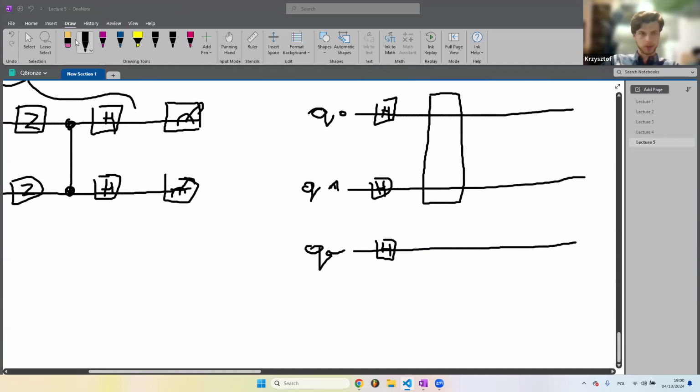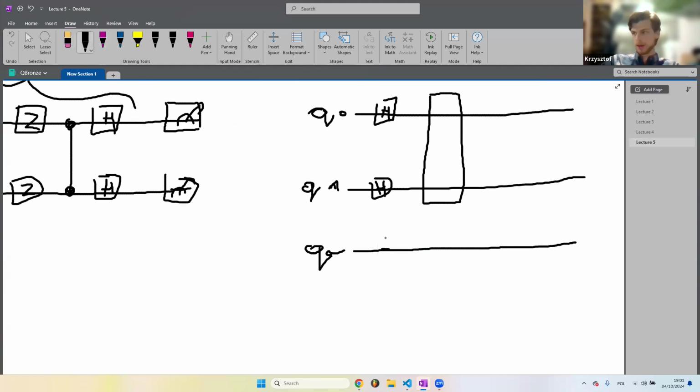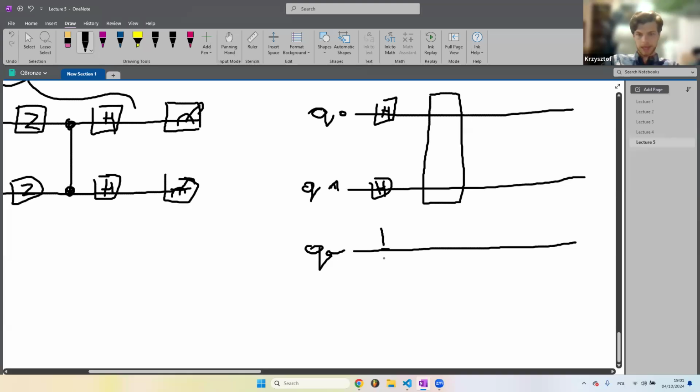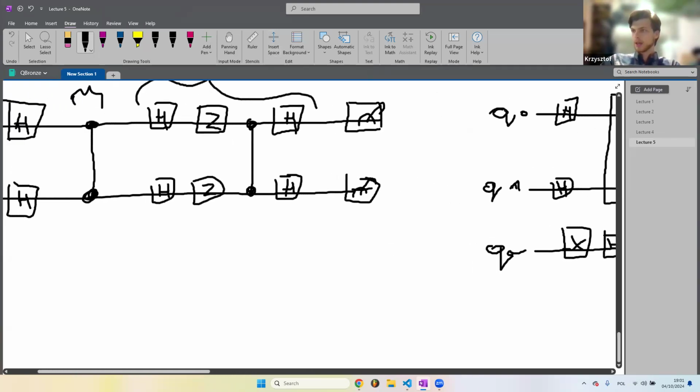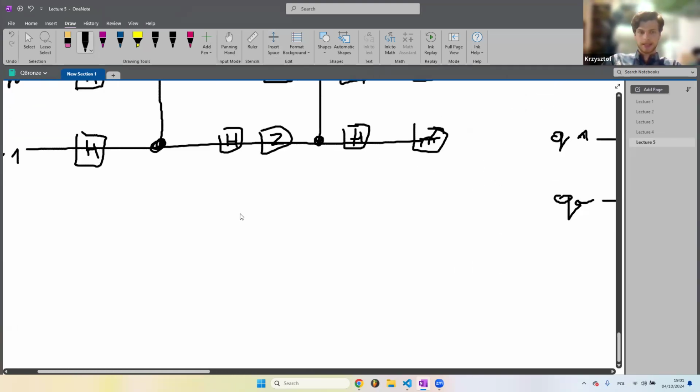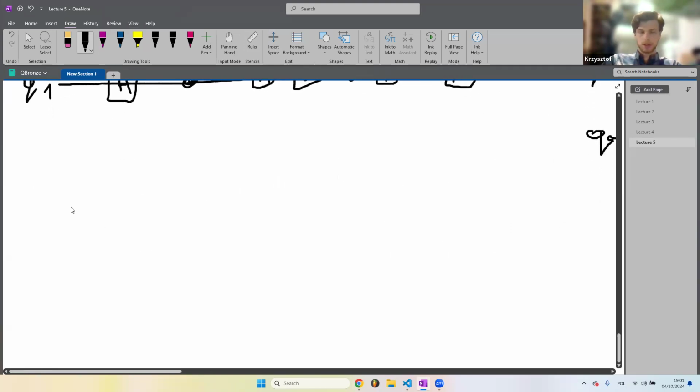Here we also have operator X and X and Hadamard for our auxiliary qubit.